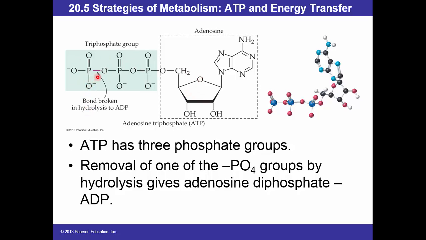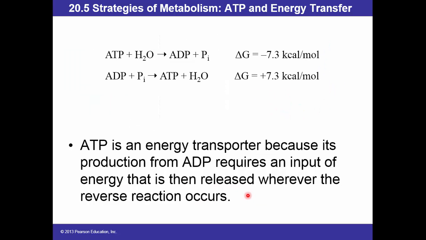Here we have extra groups now. This is the triphosphate group, and this is the bond broken in hydrolysis to ADP, and this hydrolysis will yield around 7.3 kilocalories. Removal of one of these phosphate groups by hydrolysis gives adenosine diphosphate. As you can see, delta G is this amount.